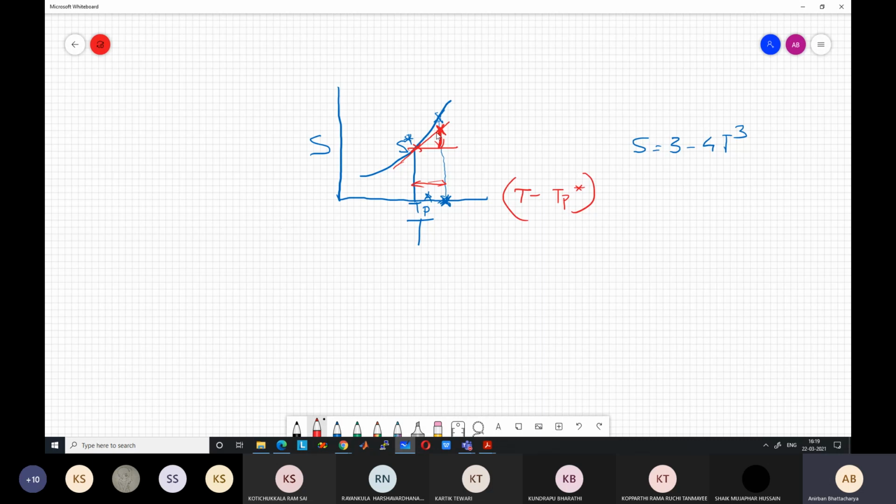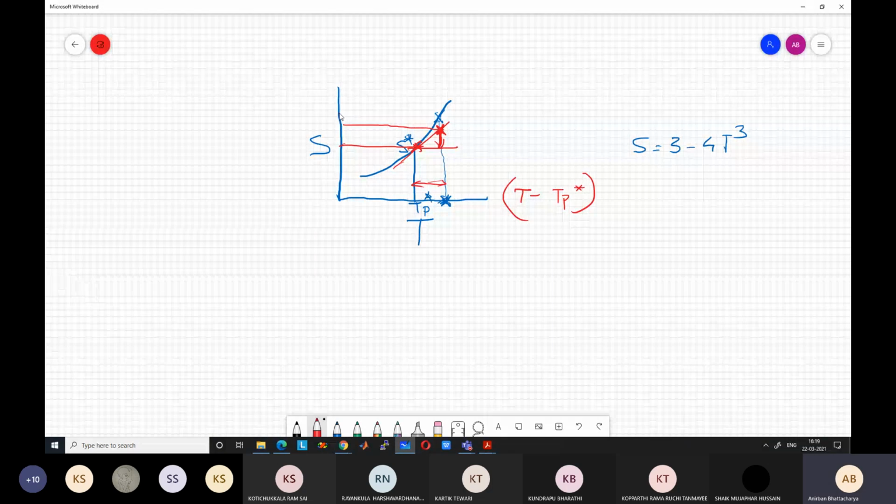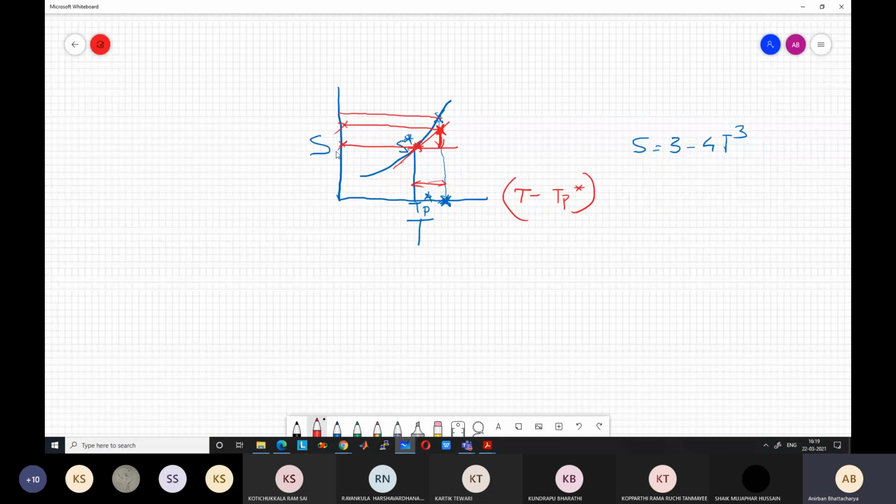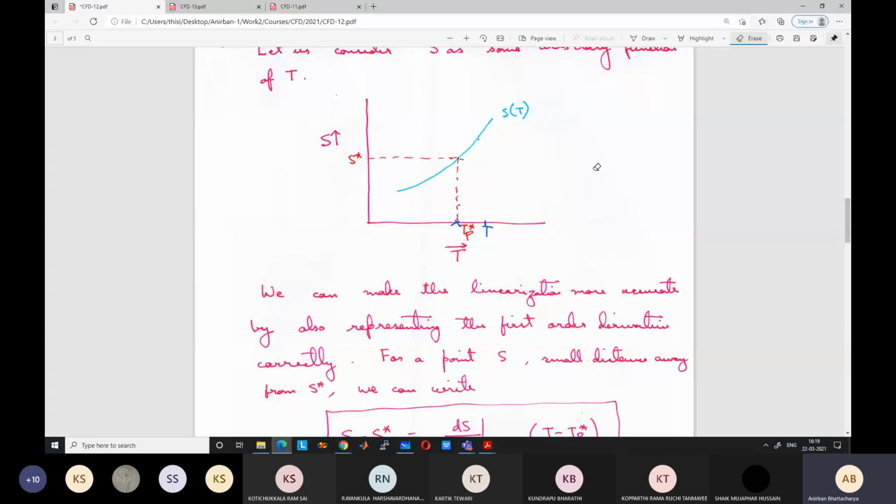As you can see, this value is equal to this, our new approximation is this value, and the correct solution would have been this value. So now we have a better approximation if we can find the slope of the curve at the known value of T. By using the slope and the difference, we should be able to write this source term in terms of the unknown temperature T. So we will see how to do it. If it is not clear, it will be clear in a second once we go through an example.